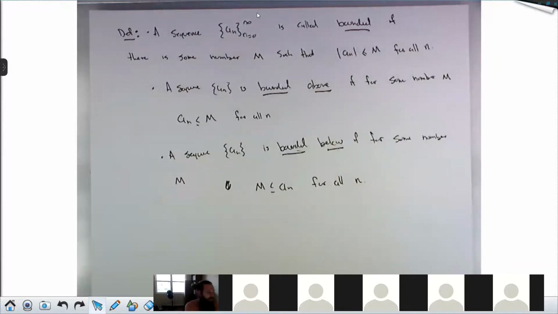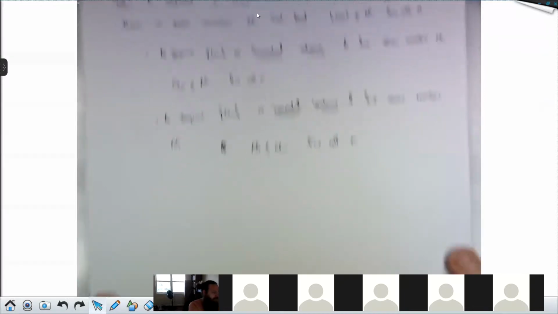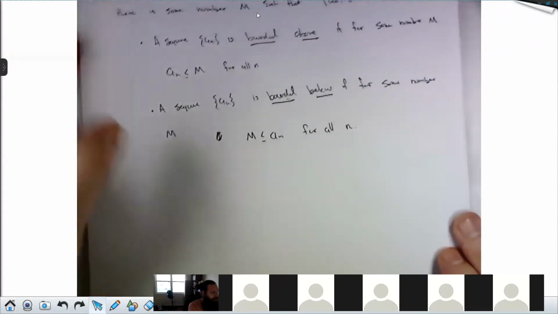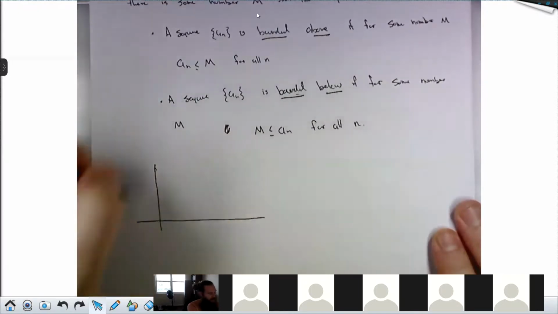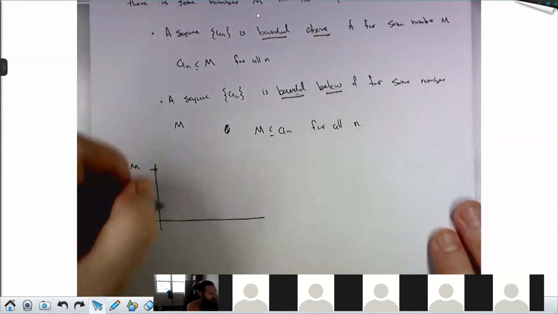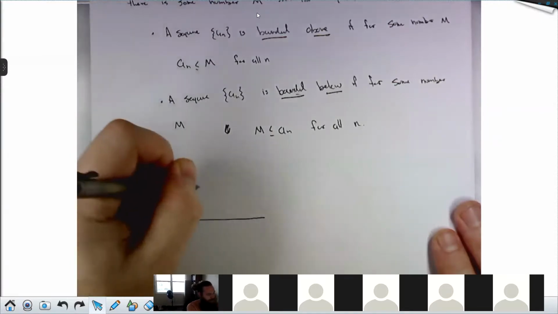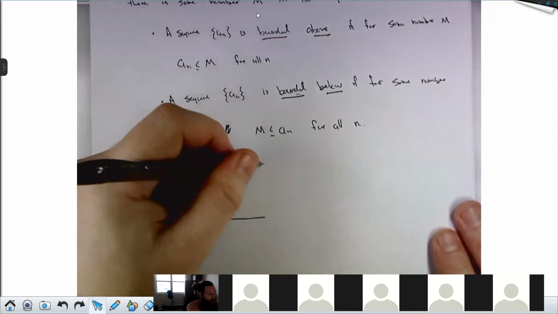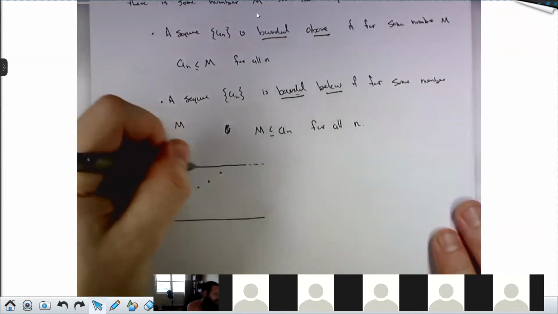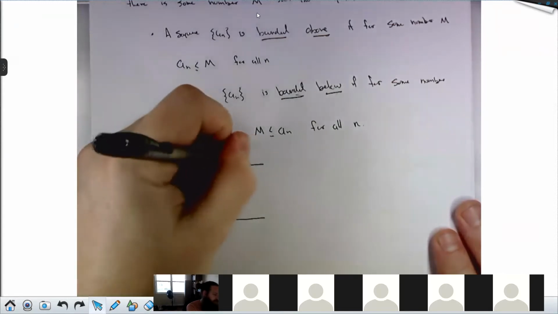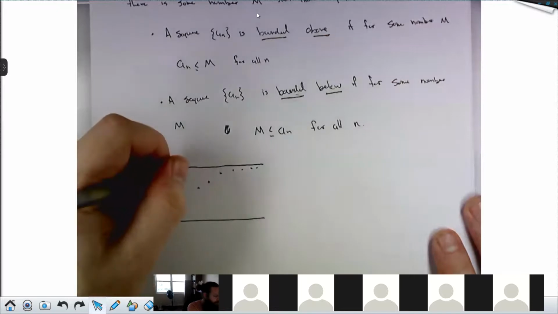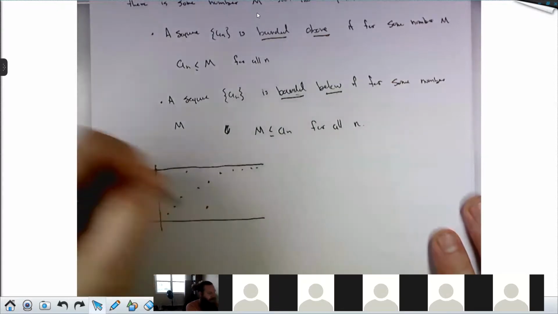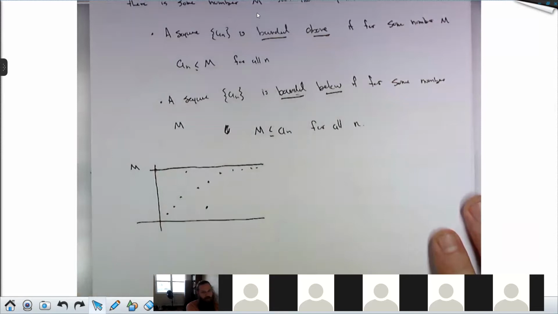Graphically, what this means is that the graph never goes above a certain point. That means bounded above. I'll just draw this in as a solid line. This is what it looks like for a sequence to be bounded above. It could jump around, it could come back down, but it's just never allowed to go over that line.